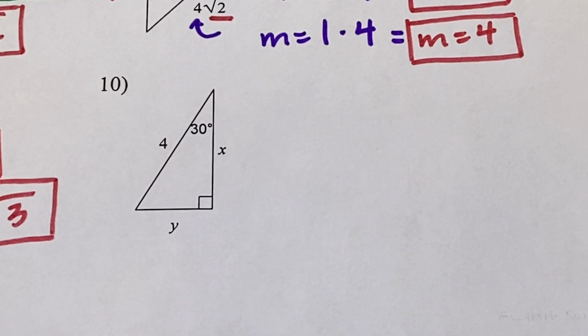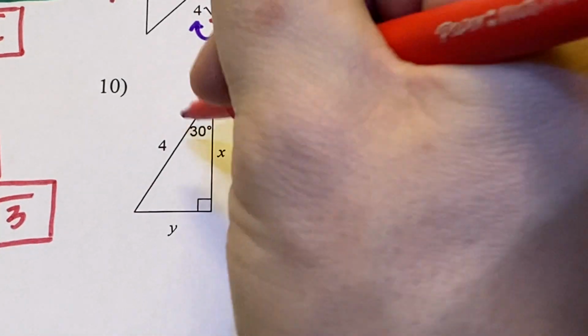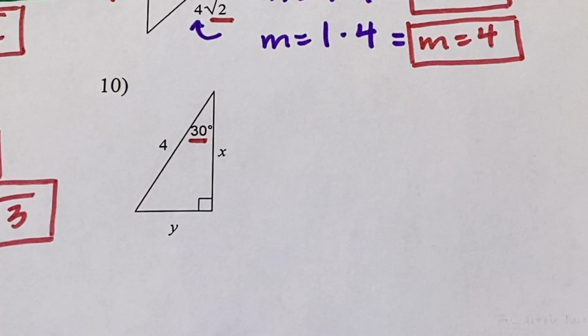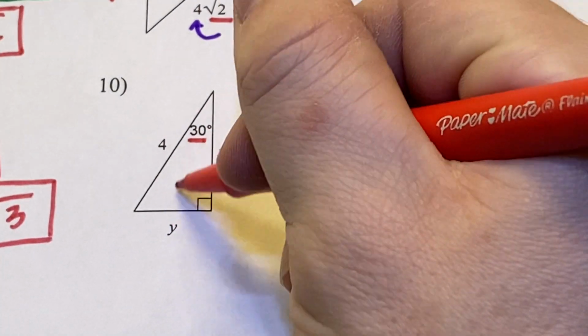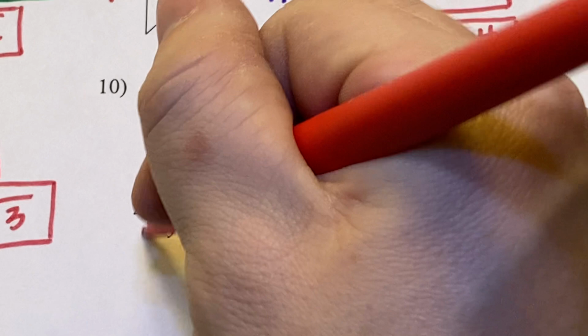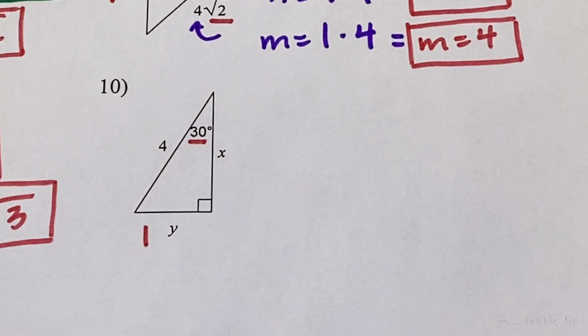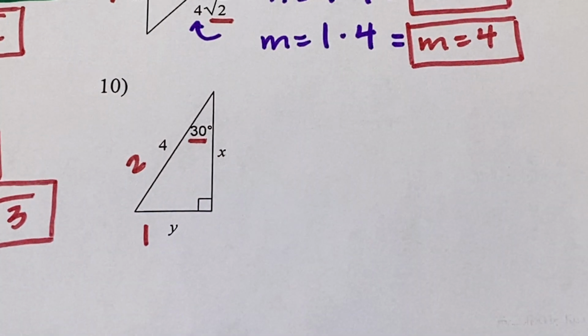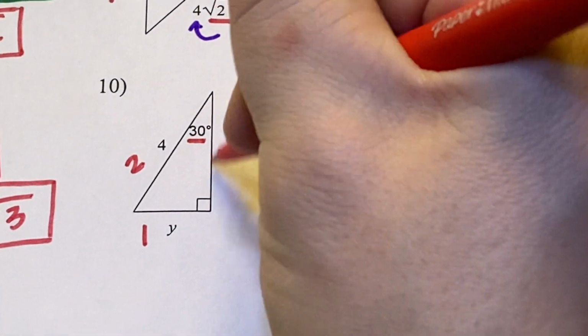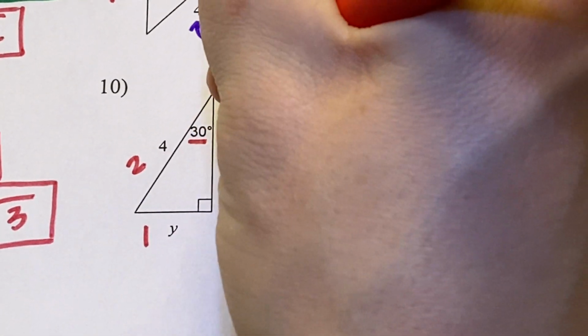Okay, what type of special right triangle is it? 30, 60, 90. Nice. Which means we can identify how the sides started. Our small side across from 30 started as 1. Our hypotenuse started as 2. And our missing side that we solved for started as root 3.